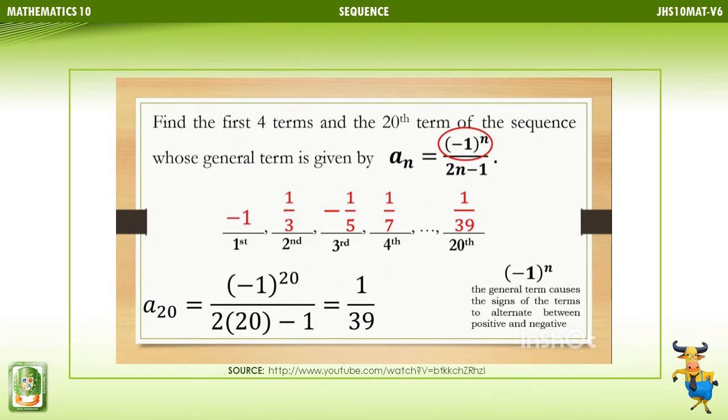So, kagaya nitong example na to, kung mapapansin nyo, negative, positive, negative, positive. Why is it positive? Because, since 20th term siya, kung mapapansin nyo, yung second term natin at fourth term ay even numbers, also 20. So, ibig sabihin, lahat ng nasa even number natin na term ay positive.